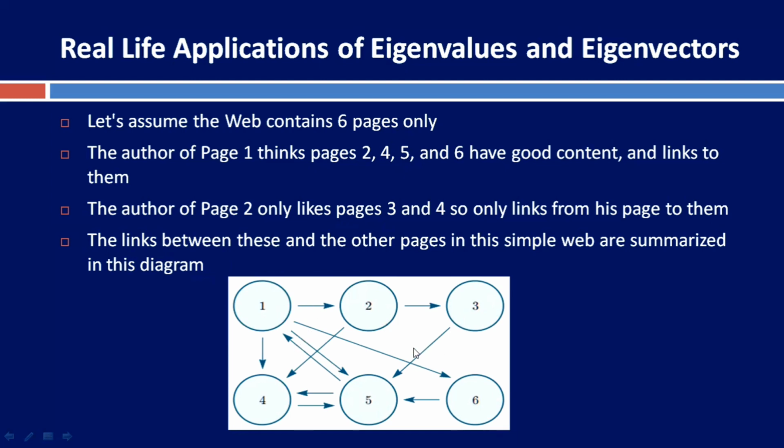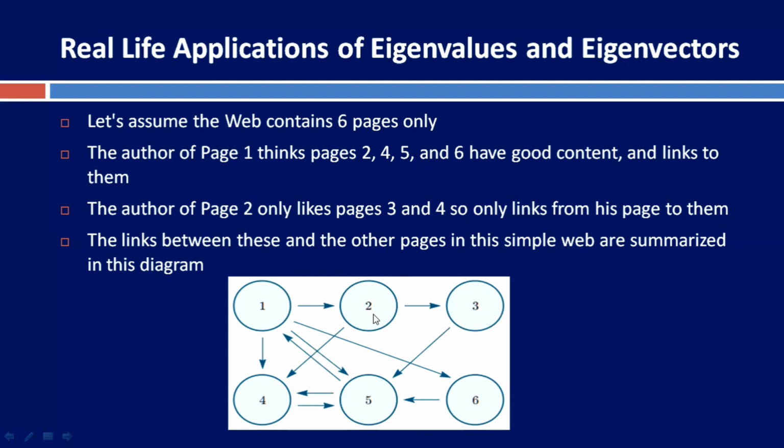These arrows show pages linked with other pages. The author of page 2 only likes pages 3 and 4. You see here the author of page 2, and page 2 only likes 3 and 4, so an arrow goes from 2 to 3, and an arrow goes from 2 to 4.